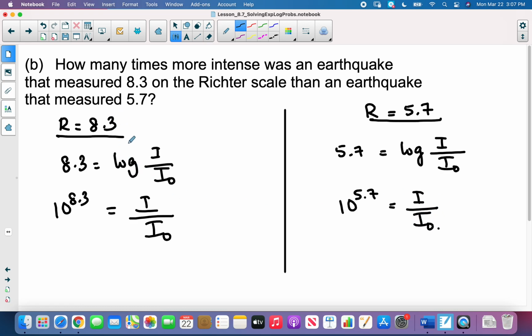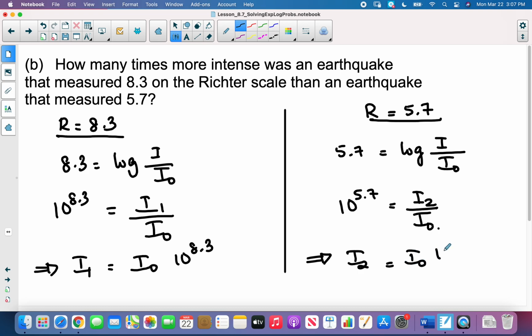And I'm going to call this I1 and I2 just to differentiate between the two intensities. So in this case, I1 is I0 times 10 to the power of 8.3. In this case, I2, the intensity of this earthquake, is I0 times 10 to the power of 5.7.